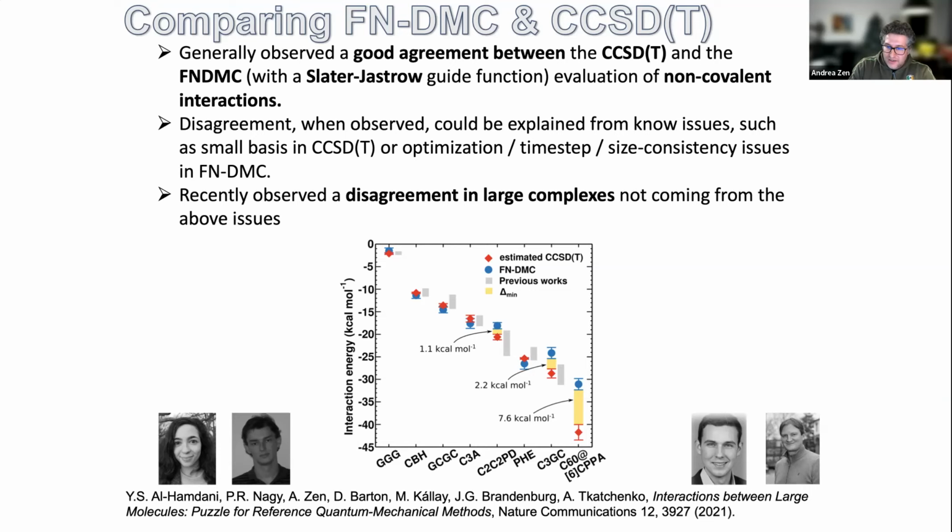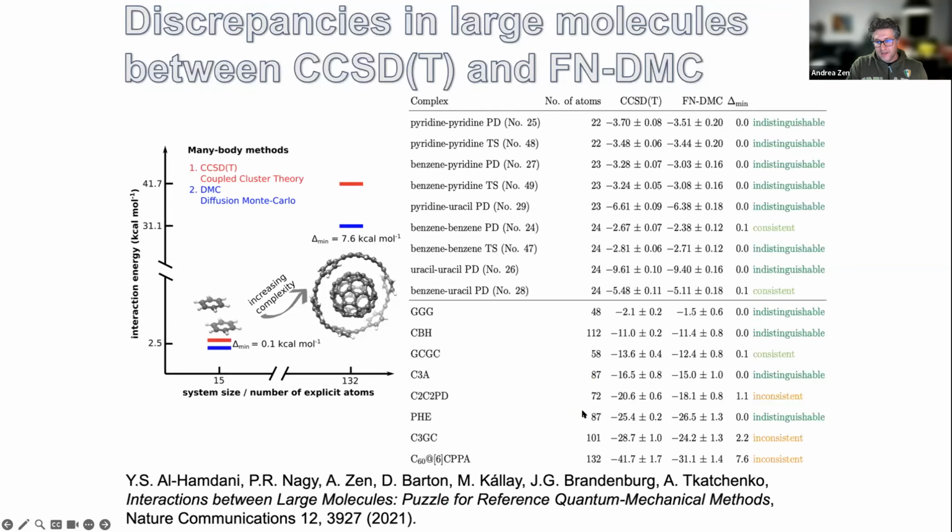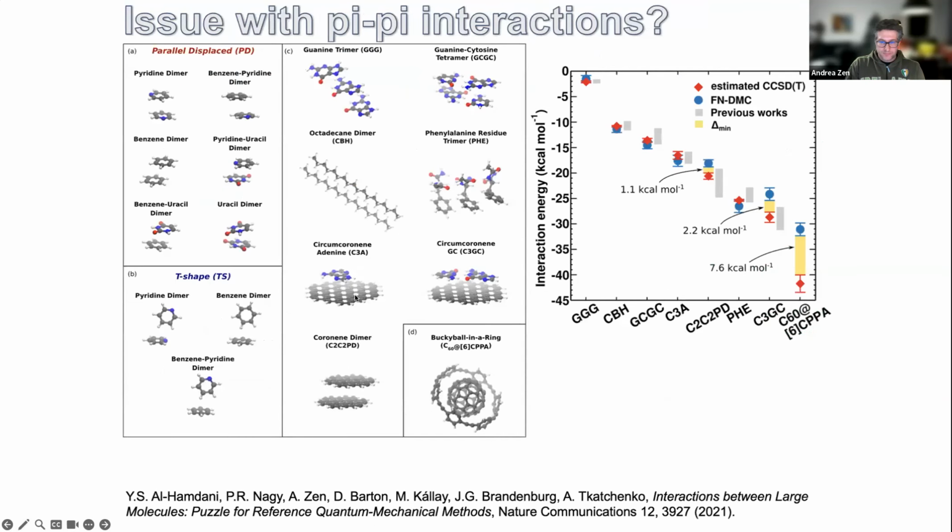While in many systems there is agreement between coupled cluster and DMC, there are some where there is a very big disagreement. And this disagreement is quite large, so it would make big differences for the chemistry.